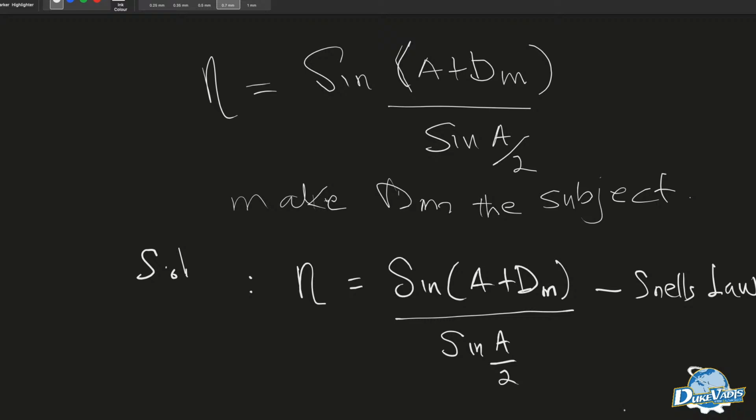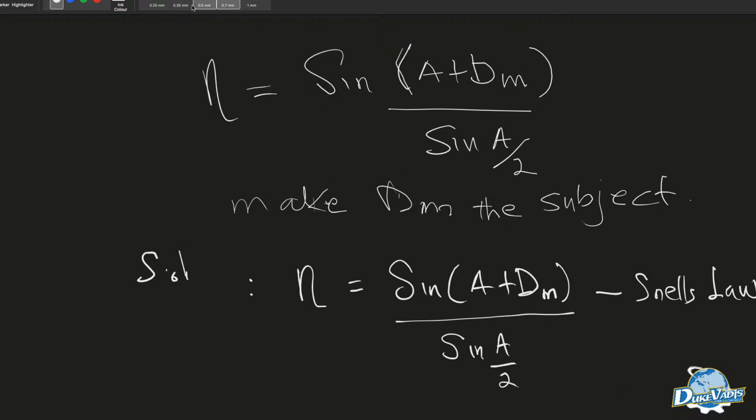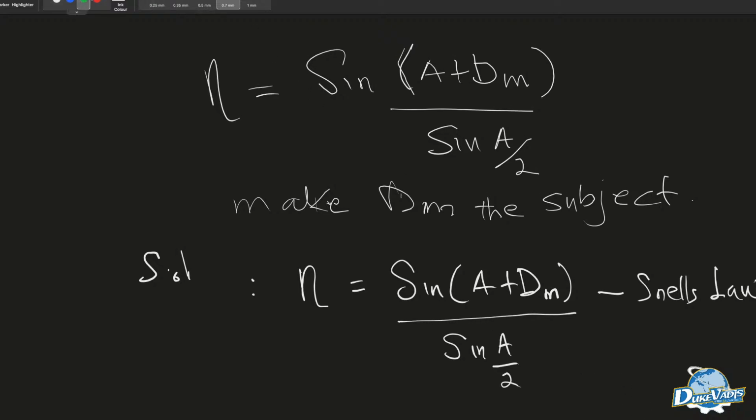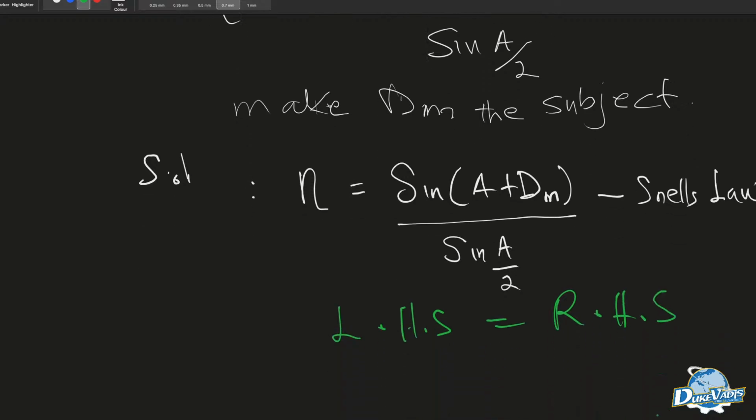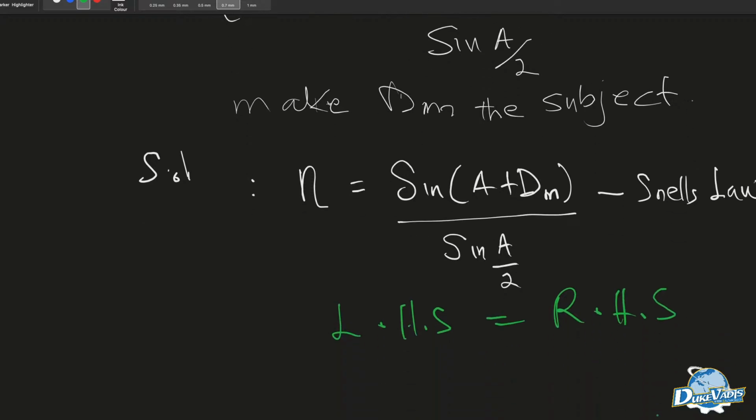Well, as I said earlier, in every equation, what you do to the left hand side is the same you do on the right hand side. As you look at it, we are going to break it down. We must get rid of this sine A over 2 here. So sine A over 2 is our issue.